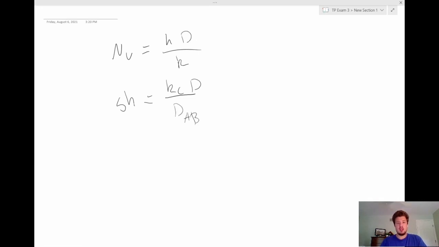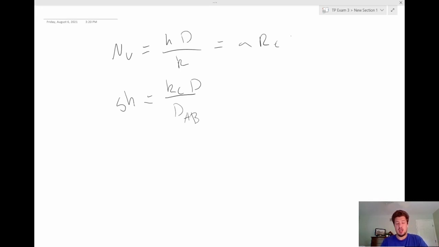Now, if we look at this and we look at the underlying driving forces of the two equations, we see the mass transfer and the convection have an identical form. It's always some diffusivity multiplied by some derivative of a concentration, and a thermal energy concentration.